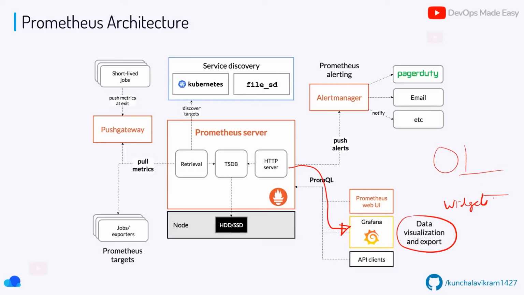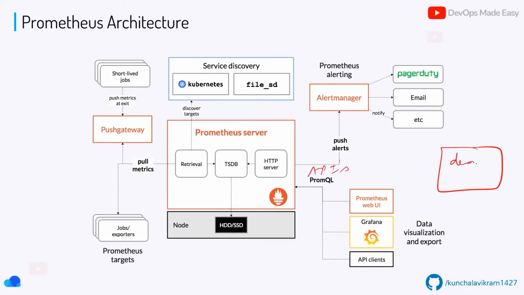And if you are building your own monitoring tool that requires the data, you can just use the APIs of Prometheus to get real-time metrics, and using those metrics, you can create your own custom dashboards.